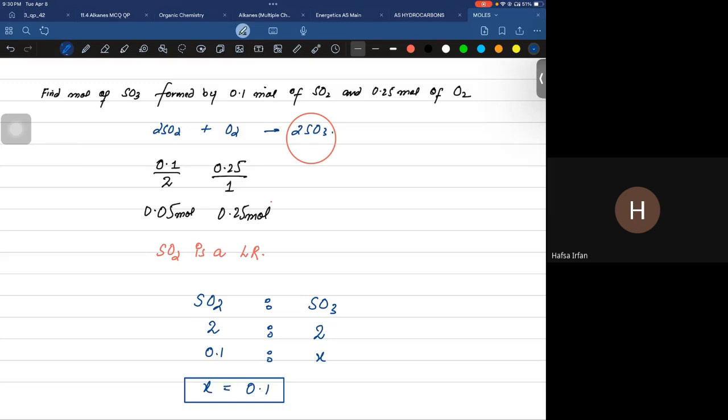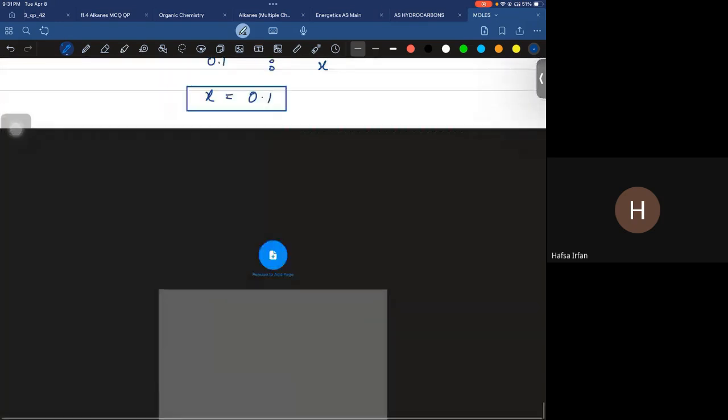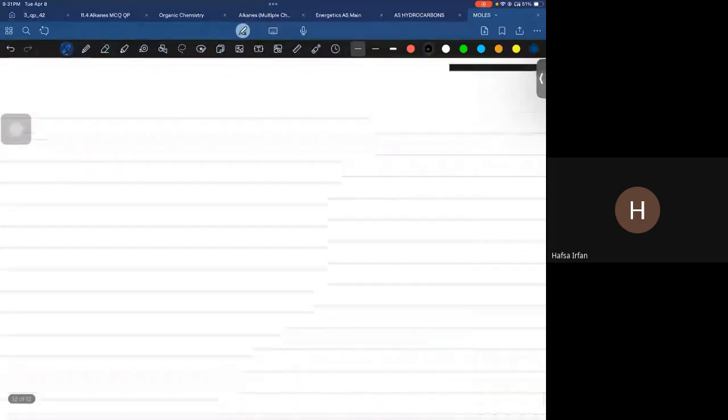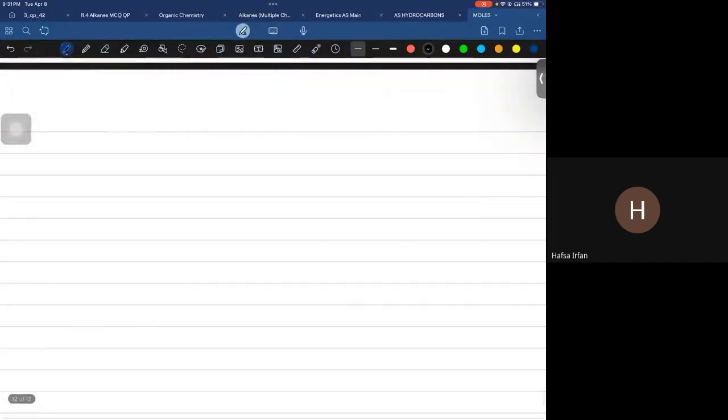Okay. Then the next concept is to find percentage by mass. So percentage by mass means, let's suppose we have different fertilizers.